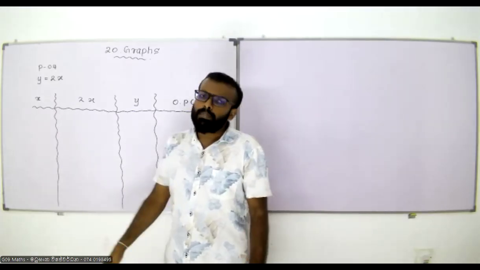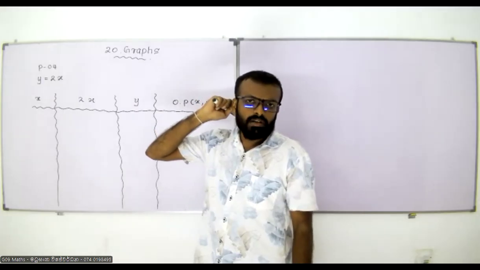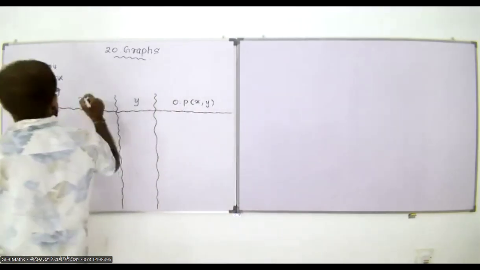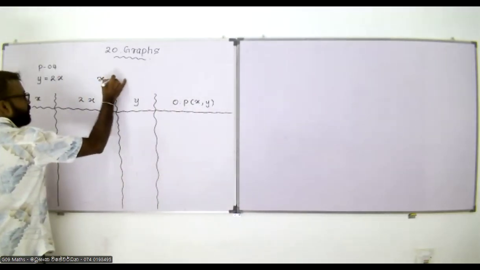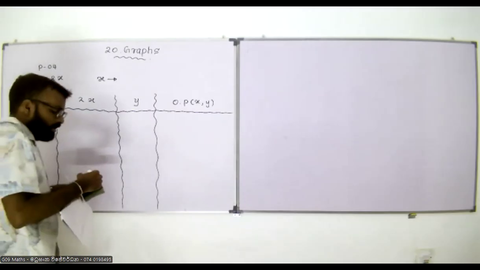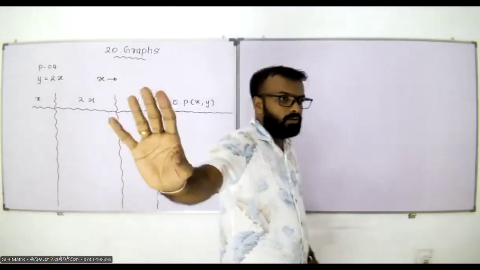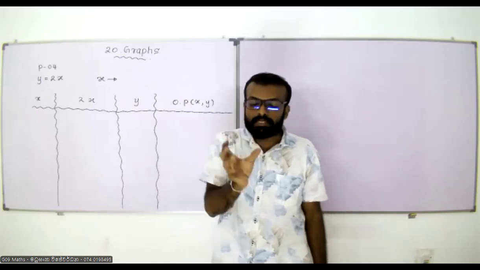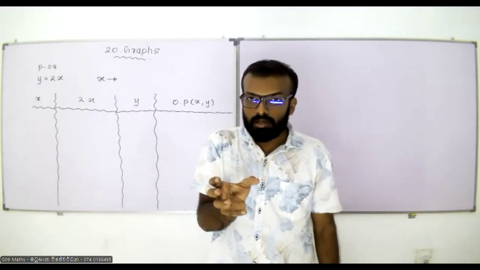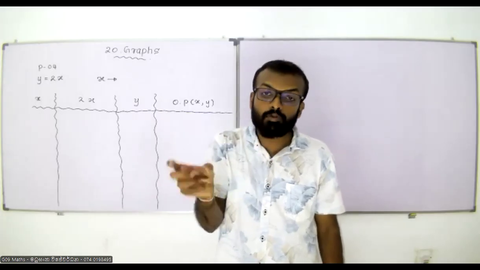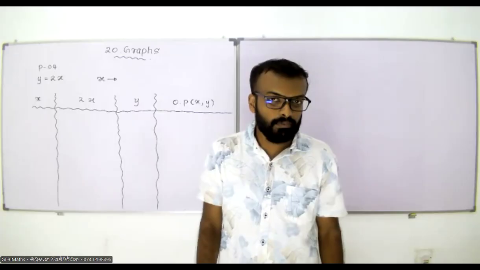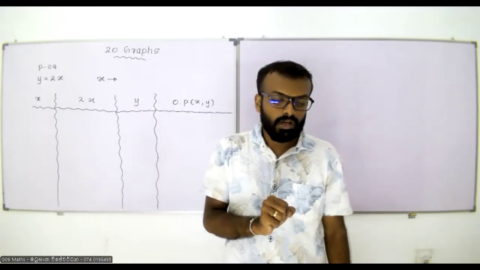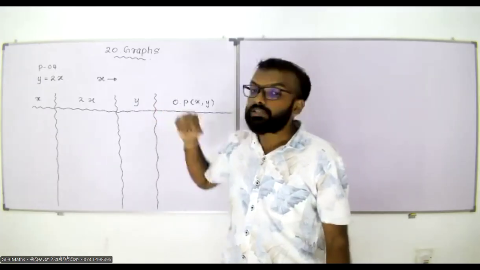So, in the previous example that we did, you had been given a set of values for x. But here, there is no set of values given. You need to decide. If in the exam they ask you to draw a particular graph, they might not give you the x values range.